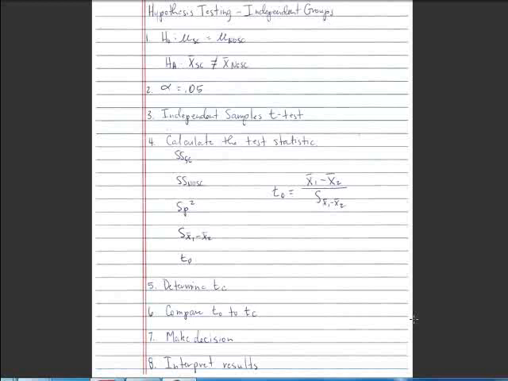SC is scented, NOSC is no scent. The alternative, we're going to write in terms of our Roman letters: H sub A: X bar scented not equal to X bar no scent.